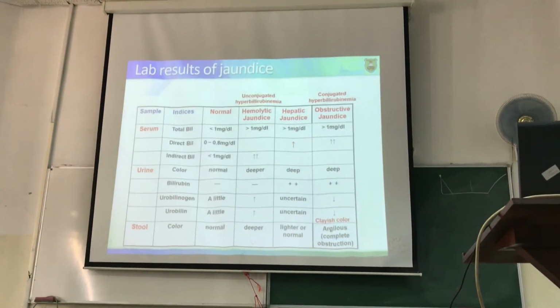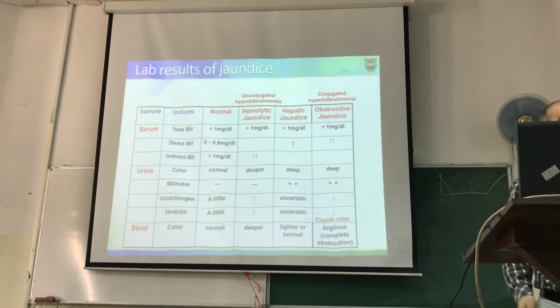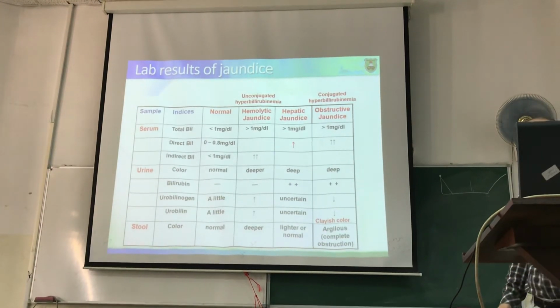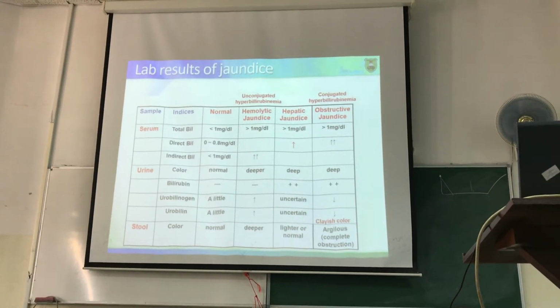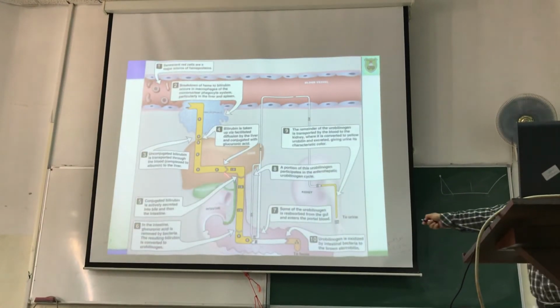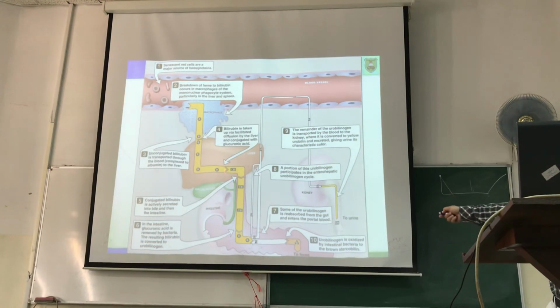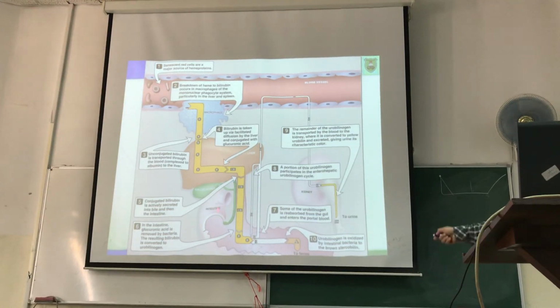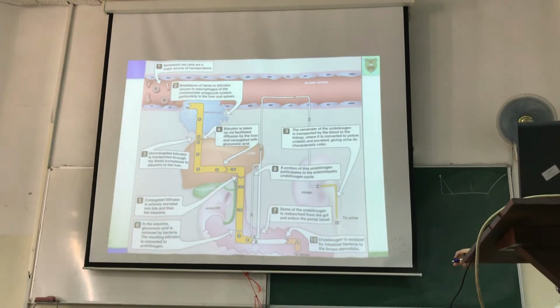If we have that, it would cause what is known as unconjugated hyperbilirubinemia. The level of bilirubin in blood would be high, so this condition is known as unconjugated hyperbilirubinemia. Fine. Then if we have obstructive jaundice, in this case, you have a lot of conjugated bilirubin, but it's not delivered to the large intestines.